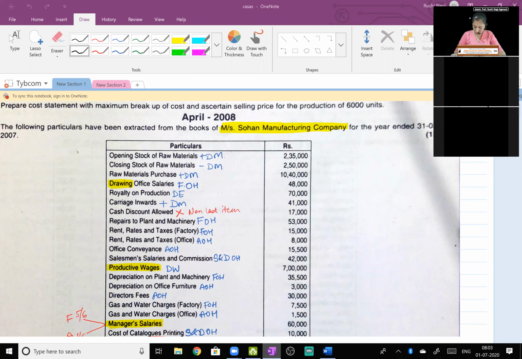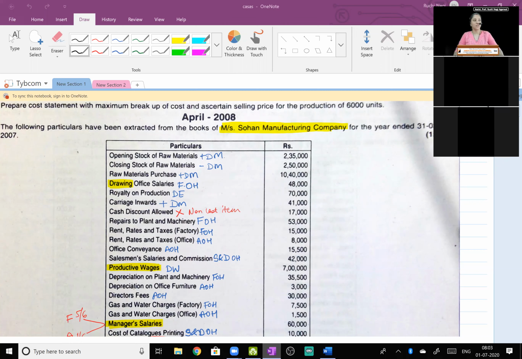Okay, just go through this question. This is the April 2008 paper. We had discussed it in the last lecture. Suman, you have a doubt?